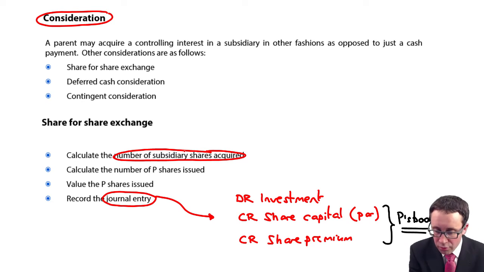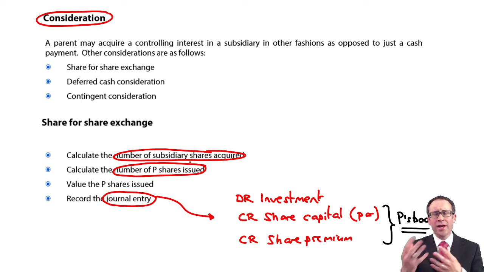We then need to go through that and look at the number of P shares that are issued in exchange for those S shares that are acquired. So it will be 1 for 4. So we will issue 1 share in P for every 4 in S that are acquired, or 2 for 5, or whatever it may be within the question.